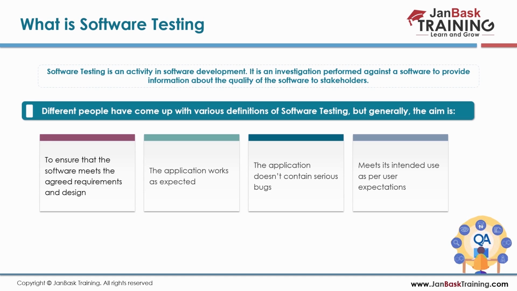And what are those objectives? The first one is to ensure that the software meets the agreed requirement and design. That should be the first objective of your testing. Whatever requirement is given to us by the client, that requirement is being fulfilled. The application is working as per the expectations and in accordance with the agreed requirement.